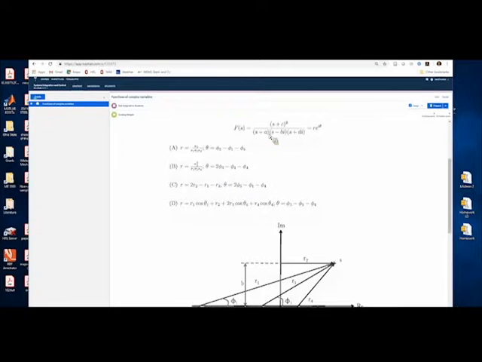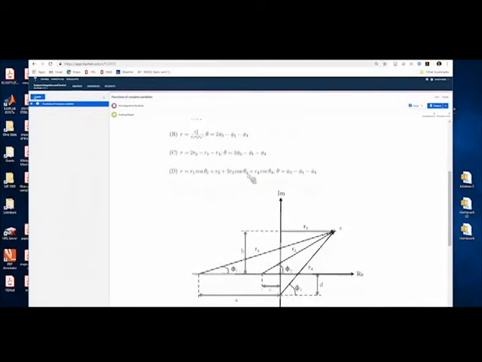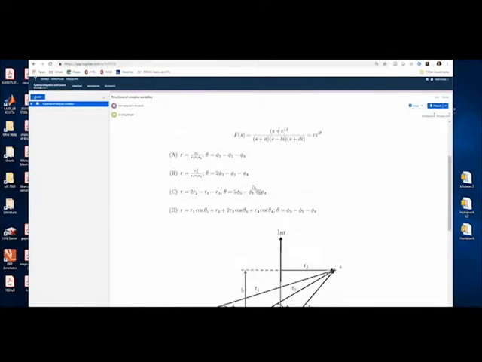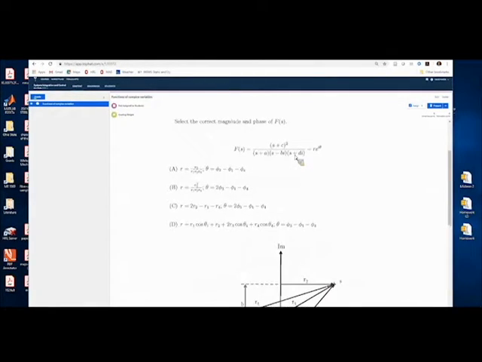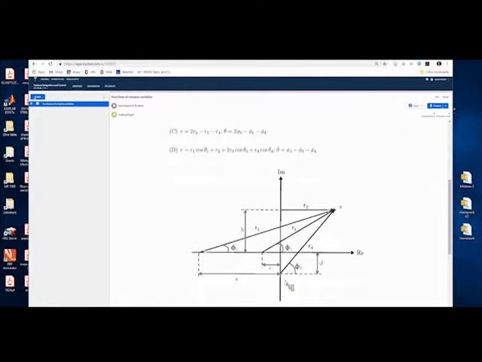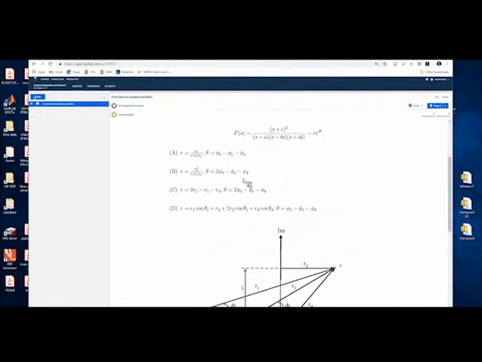The denominator follows, so B is correct everywhere. R1 is the distance between negative A and S, so that matches up. R2 is the distance between positive B and S. And then R4 is the distance between negative Di and S. Okay, so then these all follow.